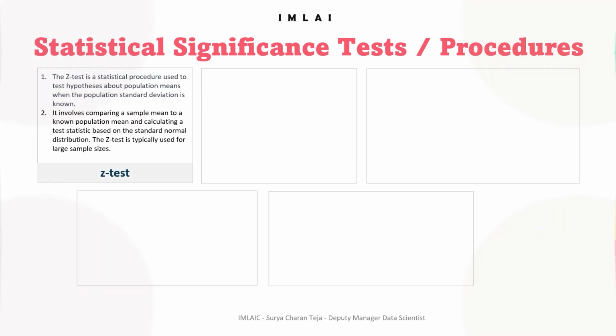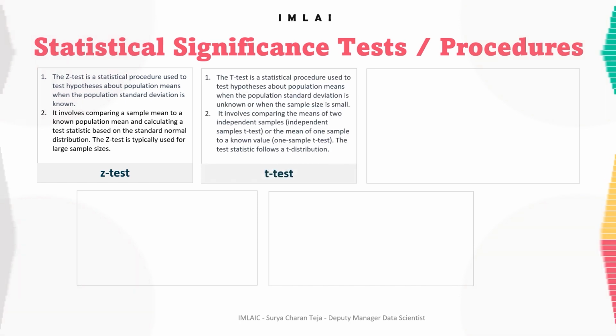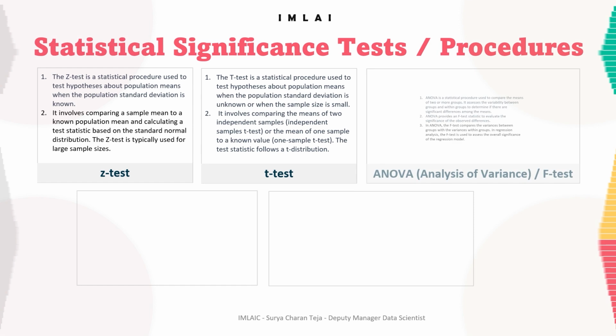What is Z test? Z test is a statistical procedure used to test hypotheses about population means when the population standard deviation is known. And we have the T test. The T test is a statistical procedure used to test hypotheses about a population when the population standard deviation is unknown or when the sample size is small.